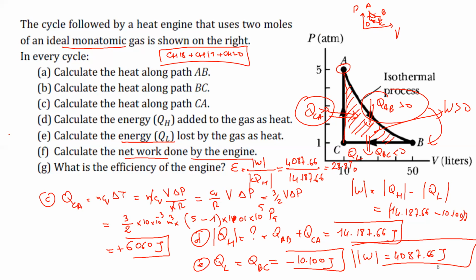And I ask you to calculate the heat for each of them. So for each path, I can ask you to calculate QAB, QBC, QCD, and QDA. And I will ask you also, get me the heat added to the gas, and get me the heat lost by the gas, and get me the efficiency. You follow the same path, you can get the efficiency of a Stirling engine.